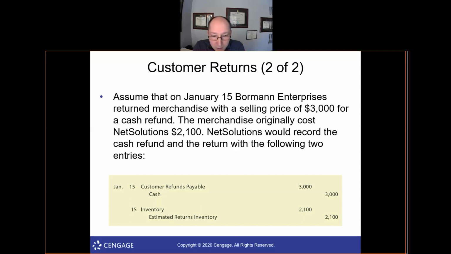We would debit customer refunds payable $3,000 and credit cash $3,000, because we're issuing the customer a cash refund of $3,000. Then we need to put the inventory they're giving back to us back into inventory. So how do we do that? We debit inventory $2,100 to increase inventory, and we credit estimated returns inventory $2,100. Those are the two entries we make when a customer is asking for a cash refund and they're giving us back the inventory.